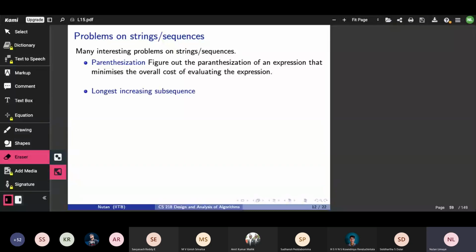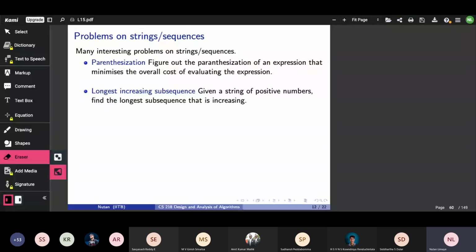Another string operation that one could want to do on strings or sequences is finding the longest increasing subsequence. So here you are given a string of positive numbers and you're required to find the longest subsequence that is increasing inside it.